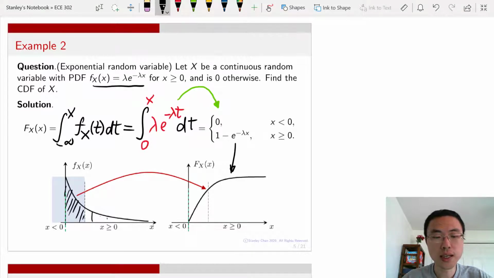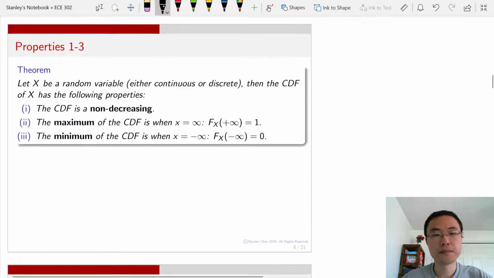But towards the end, if my x increases, then the increase in the CDF value becomes less and less, and eventually it saturates. Where does it go to? It goes to 1, because the CDF cannot be bigger than 1, since the CDF evaluated at plus infinity is just integrating the entire PDF. So it will go to 1.